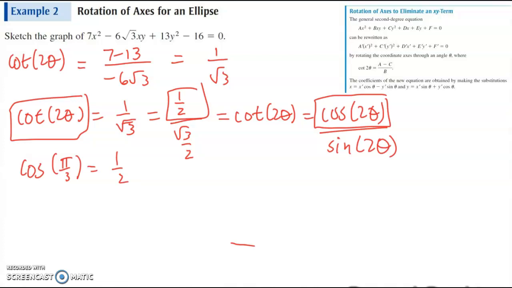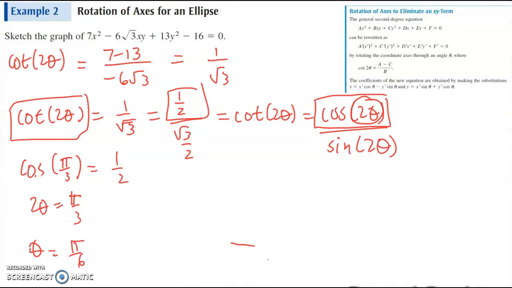But we don't have just theta, we have 2 theta. So in this case, the angle is pi over 3, but it's the double angle, so that means theta is pi over 6. Just keep in mind that you have the cosine of 2 theta.